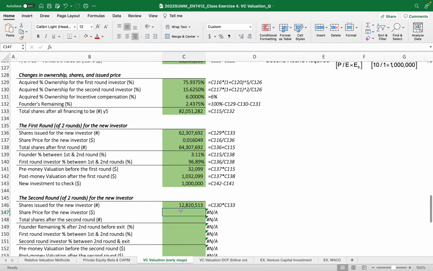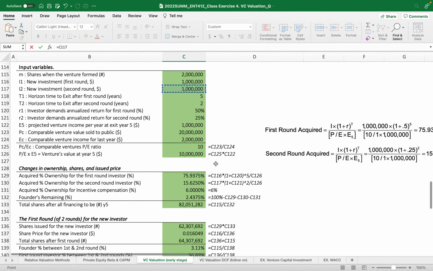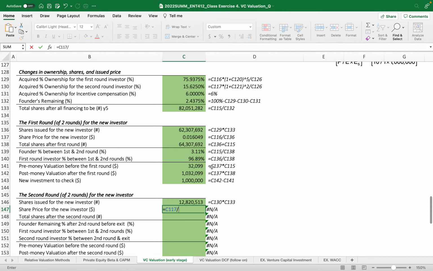Now, once we got this number of shares, how do we calculate the stock price at the time the second round investor invested? How much is the investment amount? Right, 1 million divided by the number of shares. So they purchased at a price of 7.8 cent per share.